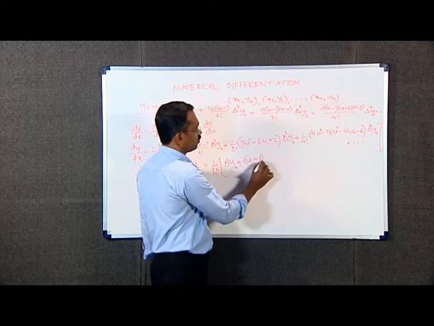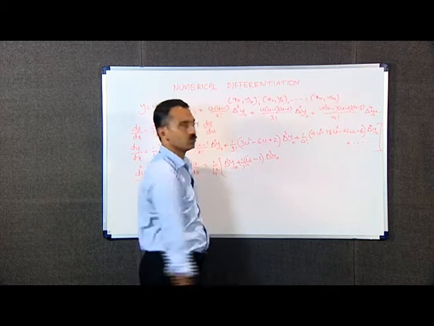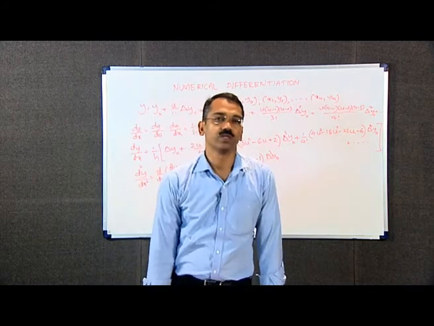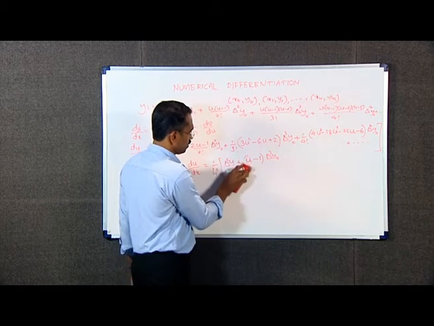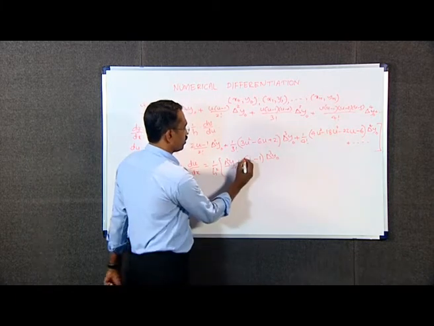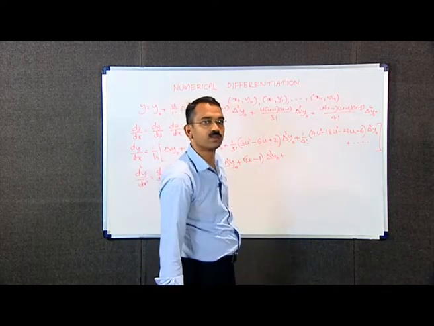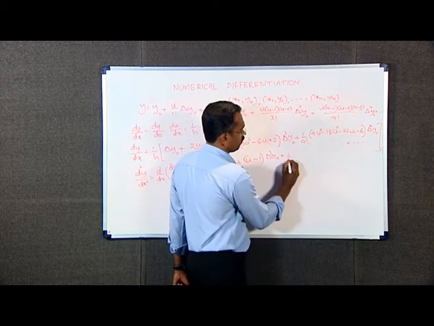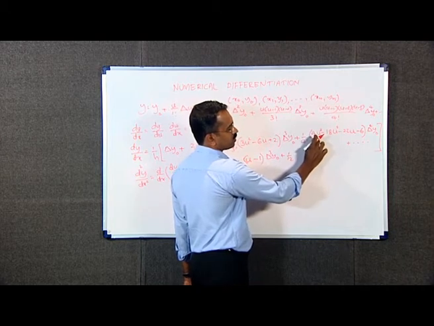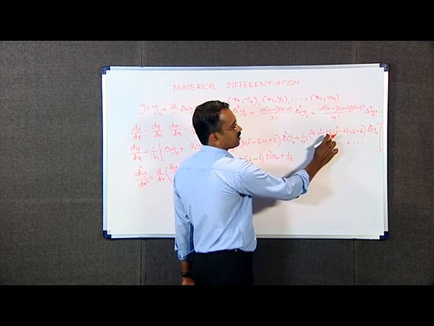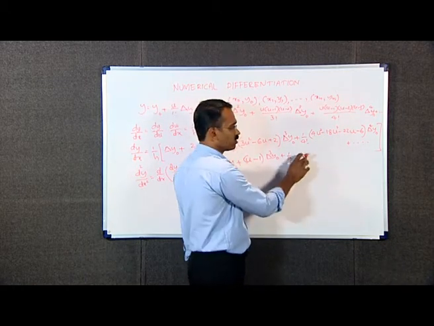u minus 1 into delta cube y naught, 1 by 3 factorial is cancelled, u minus 1 into delta cube y naught plus the next term is 1 by 12 into, here derivative is 3 into 4 u square, 12 u square minus 36 u minus 22, 4 factorial means 1 into 2 into 3 into 4, that is 24.